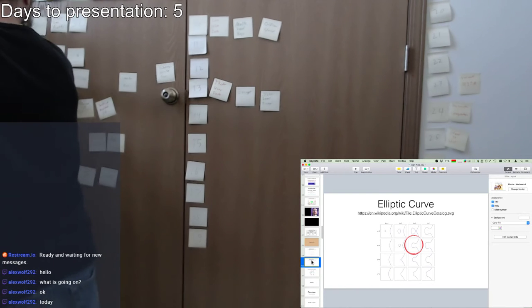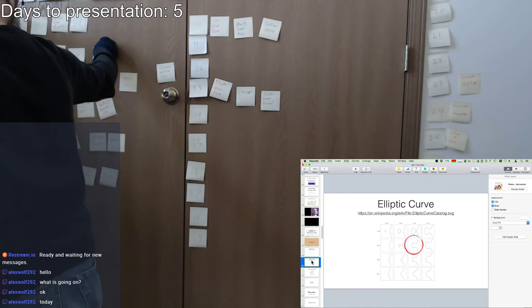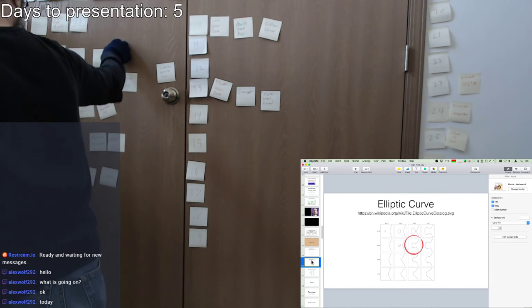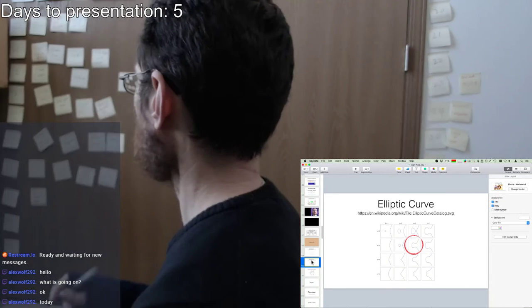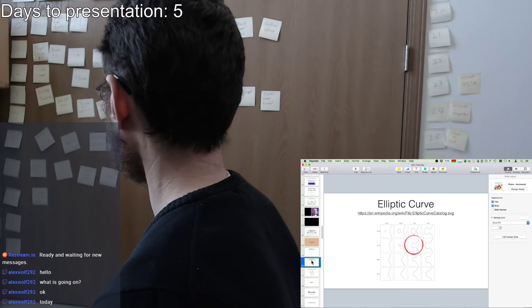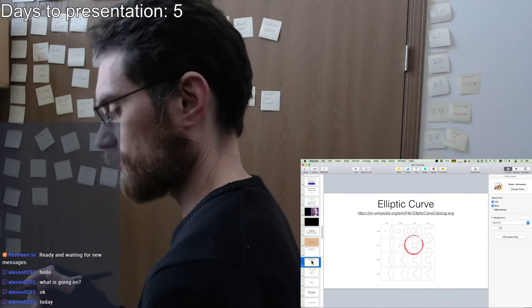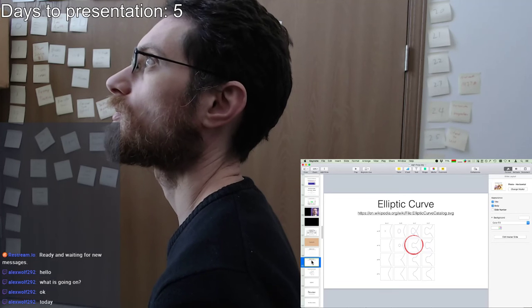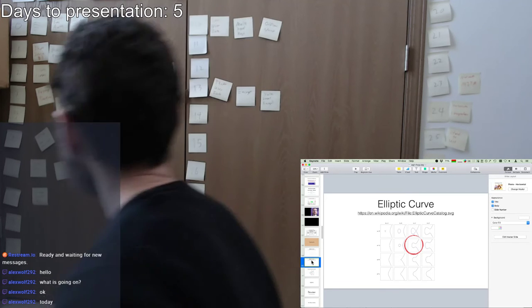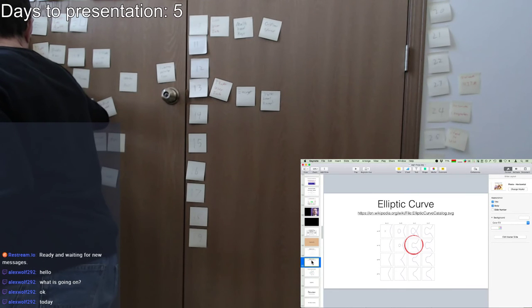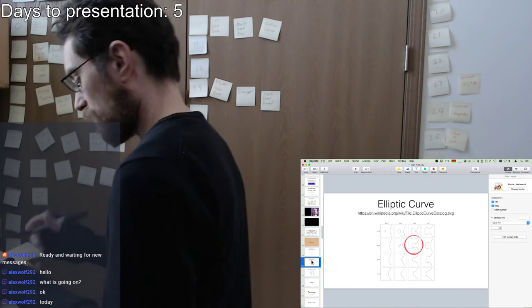You could set this up as, you may have noticed that all these things have 256-bit keys. That's related to, which is itself a benefit, that's related to elliptic curves, which we've got.